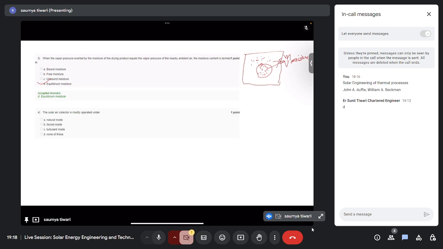So the next question is, the solar air collector is mostly operated under natural, forced, turbulent, or none of this.